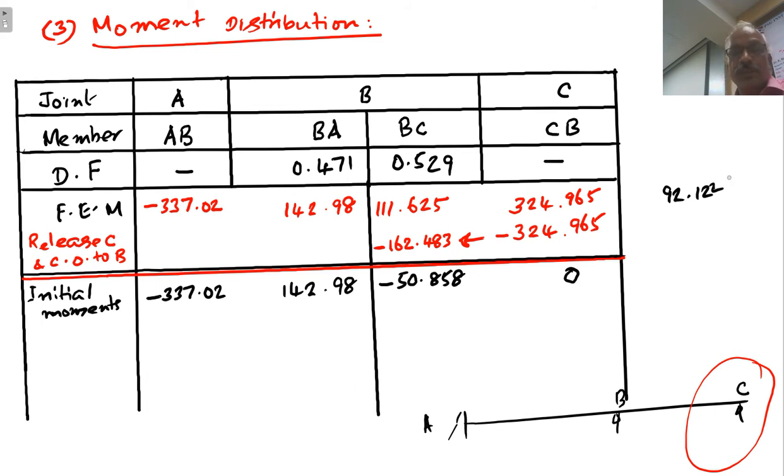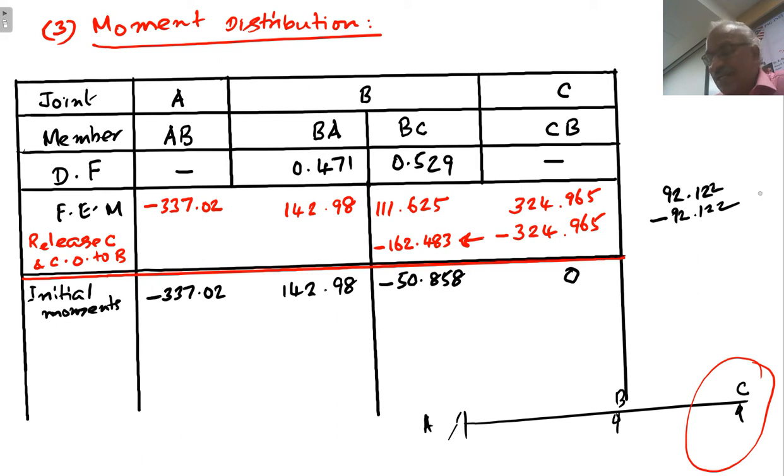If the joint is to be in equilibrium, suppose this is 142 and this is minus 142, it will be in balance. Therefore this has to be 0. There should not be a value of 92.122. Therefore, for making this 92.122 zero, you apply minus 92.122. So 92.122 is the unbalanced moment; to balance it or to make it 0, apply minus 92.122.